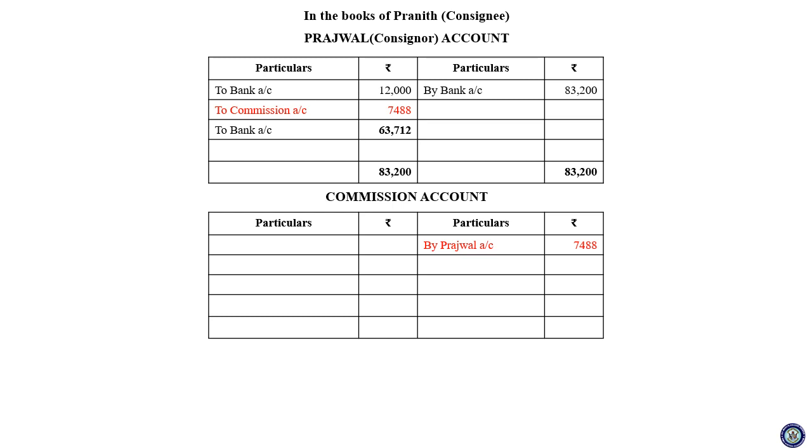In this problem there is a del credere commission. So the consignee has to bear the bad debts amount. So it is to bad debts, 3,000. Bad debt means irrecoverable money. So the difference is transferred to P&L account.